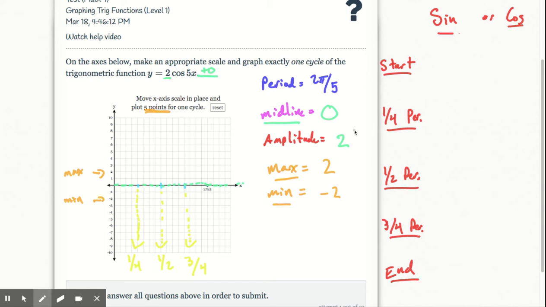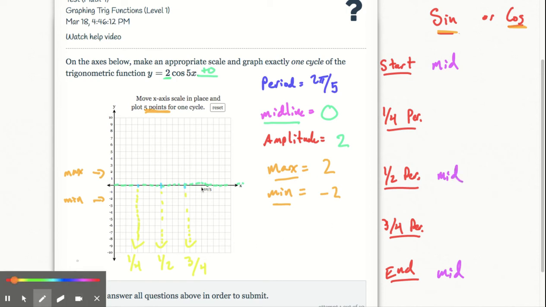But to figure out what goes where, we need to first know whether we're dealing with a sine or a cosine function. And we need to remember our patterns for the sine and cosine function, right? How do we recognize a wave? A sine wave, we remember, always starts at the midline, and it always ends at the midline. And exactly halfway through its path, the sine wave is going to pass through the midline again.